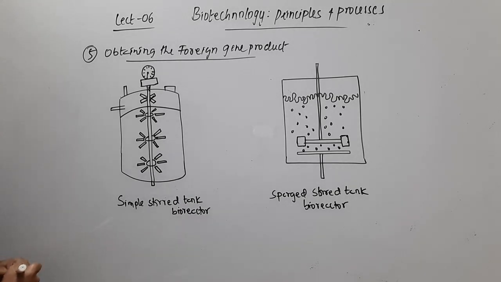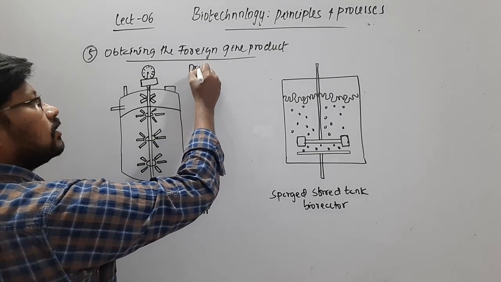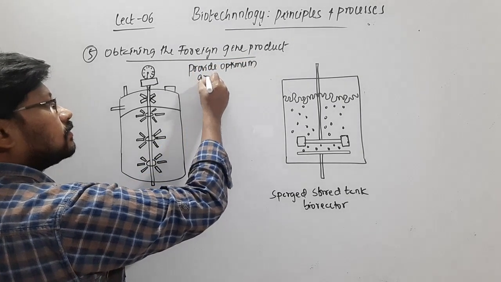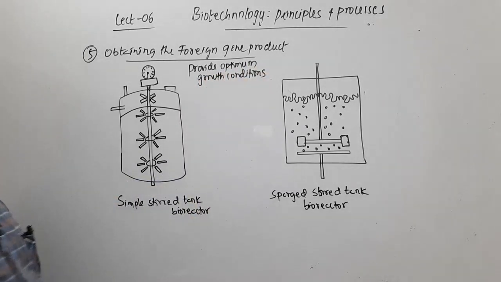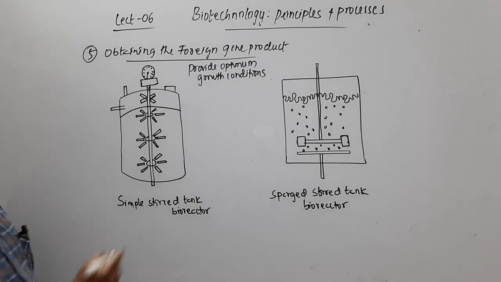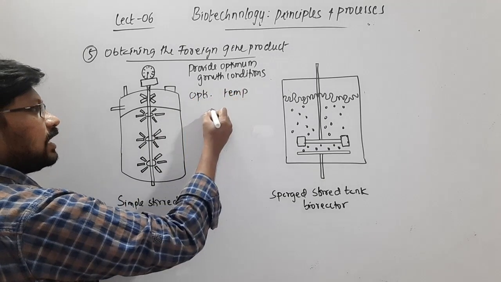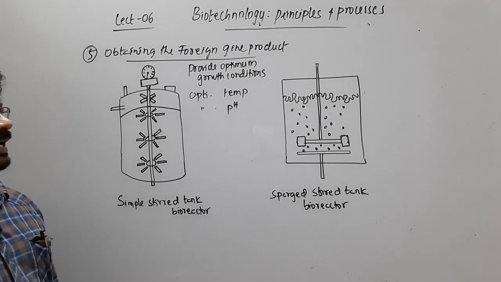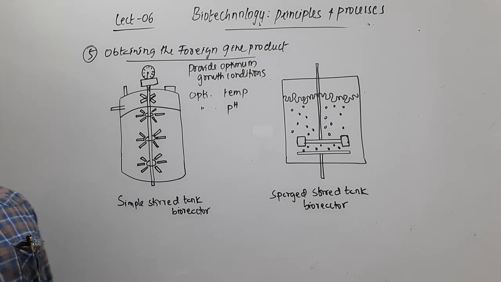I told you that bioreactors provide optimum growth conditions. So they will have optimum temperature and optimum pH, meaning whatever temperature at which the microbial activity can be maximum.